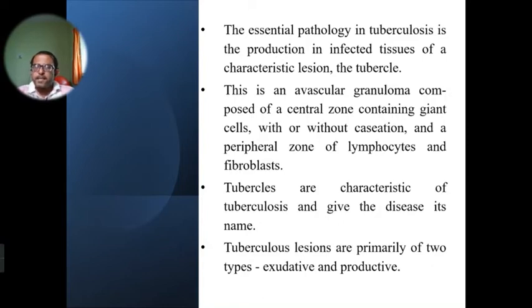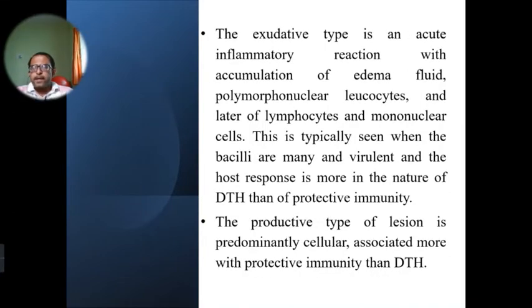Now, the tuberculous lesions are primarily of two types, exudative and productive. The exudative type of lesion is an acute inflammatory reaction with accumulation of edema fluid, polymorphonuclear leukocytes, and later lymphocytes and mononuclear cells. This exudative type of lesion is characteristically composed of edema fluid.